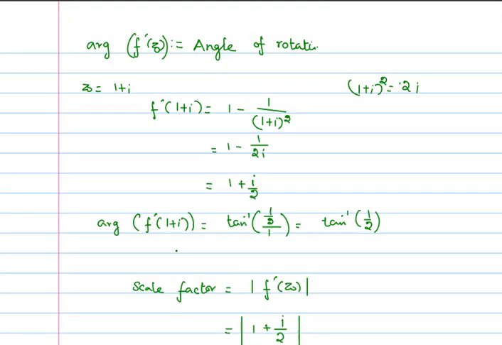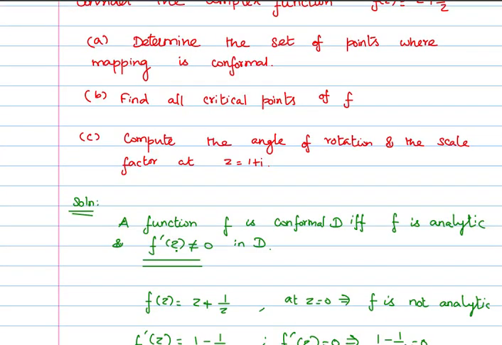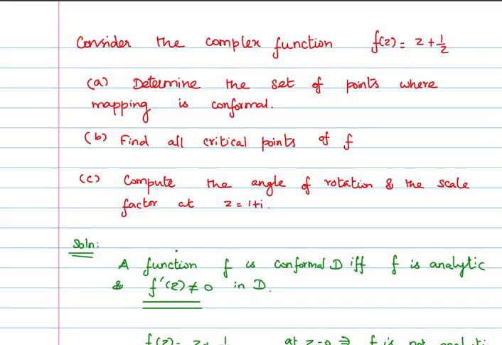I hope you can understand how to check whether functions are conformal or not. First of all, conformal means the function must be analytic and f prime is not equal to 0; those points are where the function is conformal. Second, to find the critical points, we solve f prime of z equal to 0; that z0 is called a critical point.